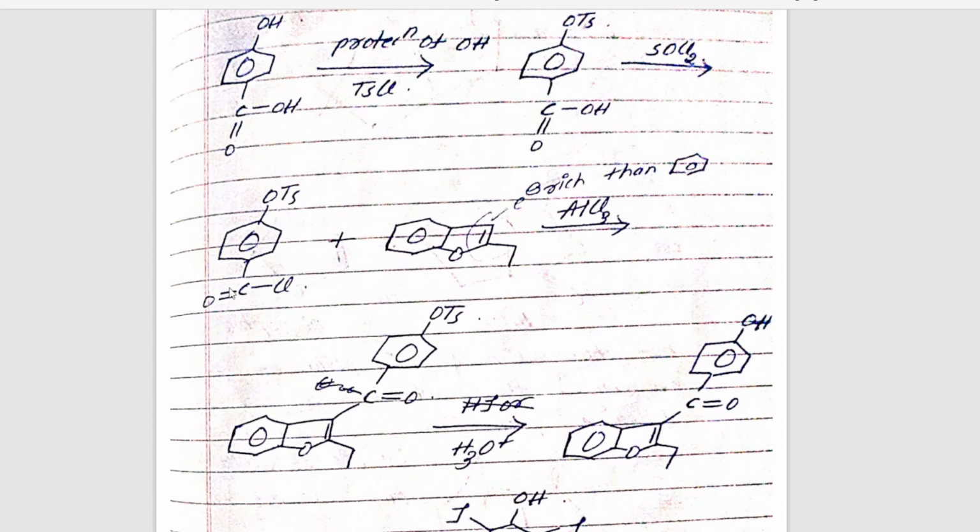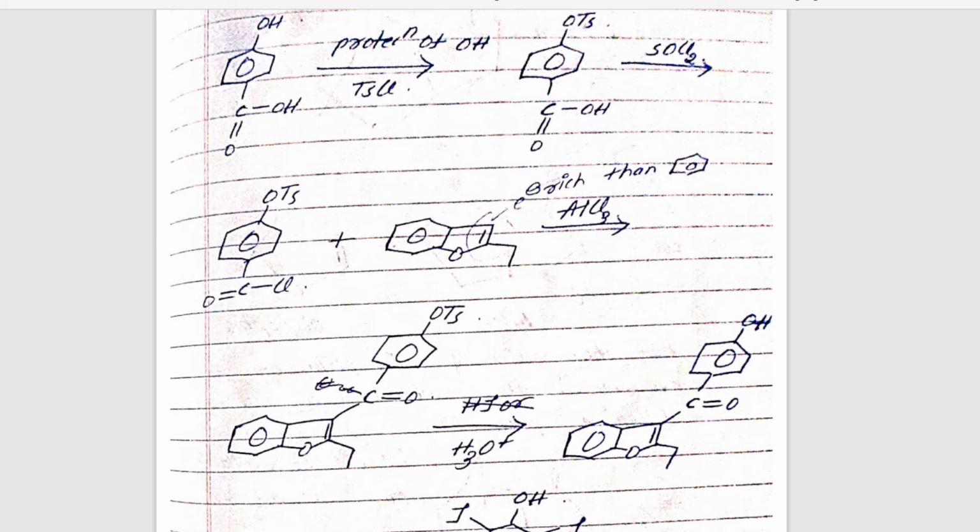This part, the C double bond O will get attached, and one hydrogen from this part will go, and one chlorine from here will go out as HCl. So there is elimination of HCl, and this entire part will go and get attached over here to the top portion. So the whole part here goes and gets attached onto the other part of the benzoyodron. Okay, so can you connect it and write?